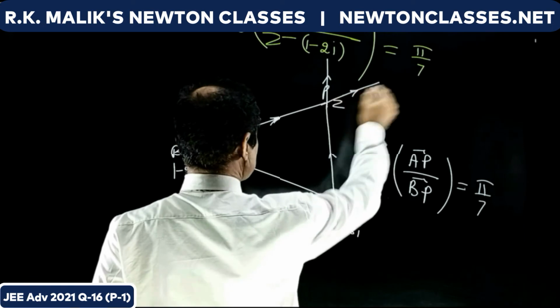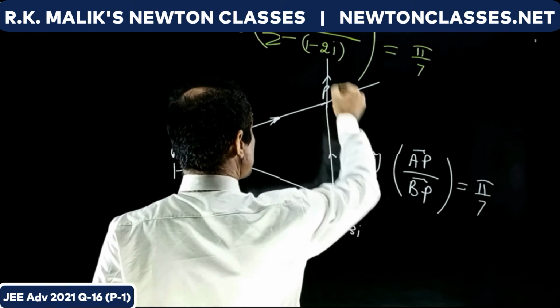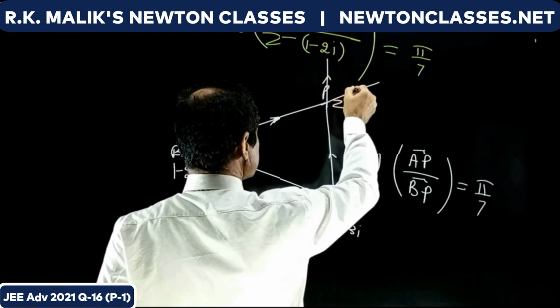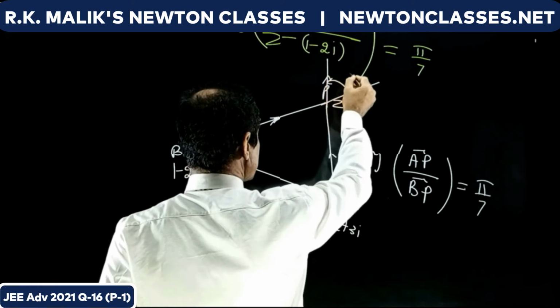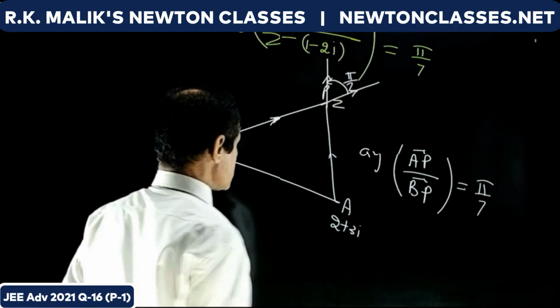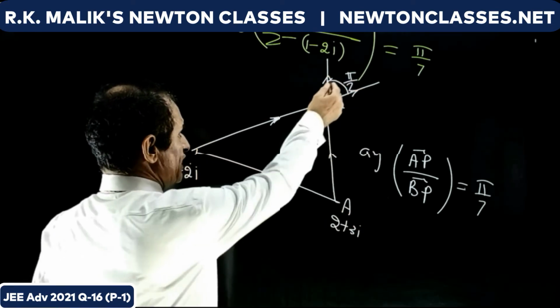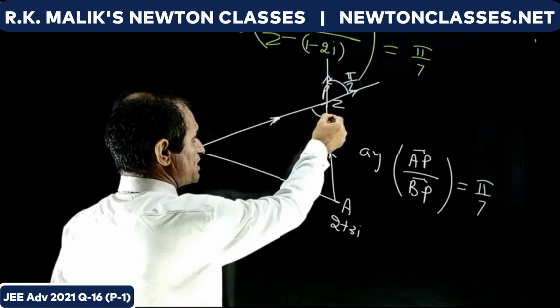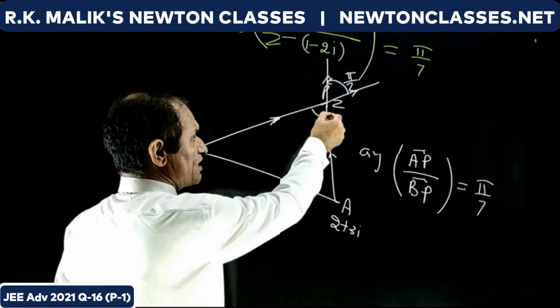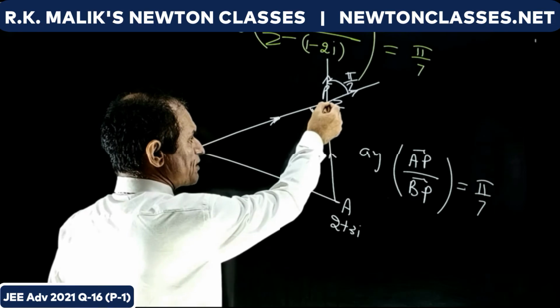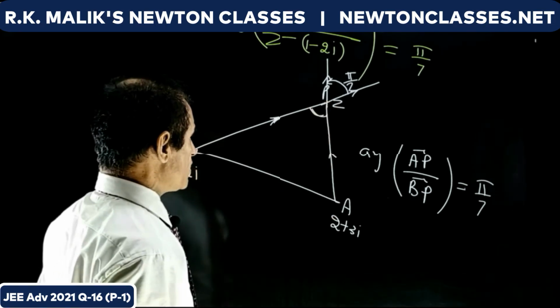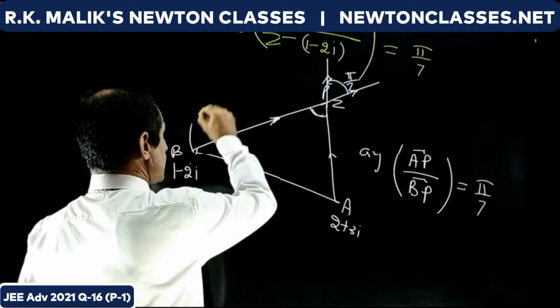It will start from the BP vector and go up to the AP vector. This is pi by 7, and because the angle is fixed, the locus of this point will be a part of the circle.